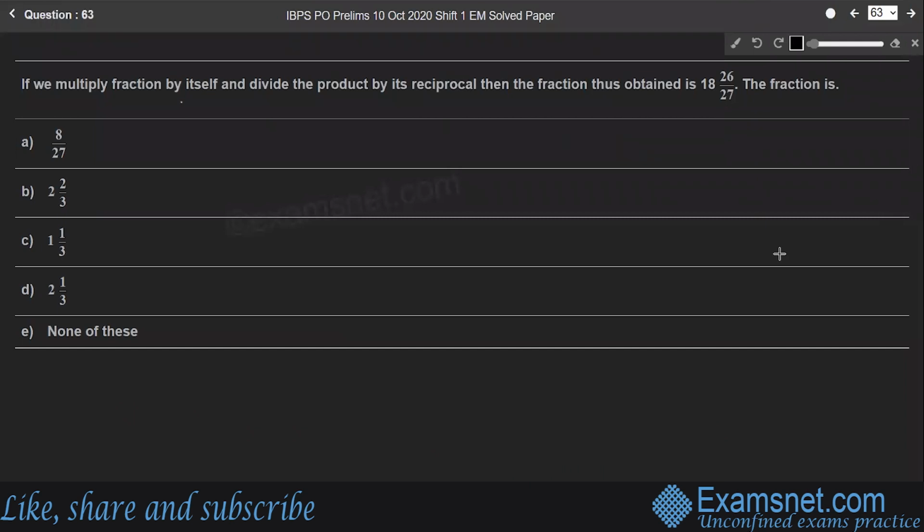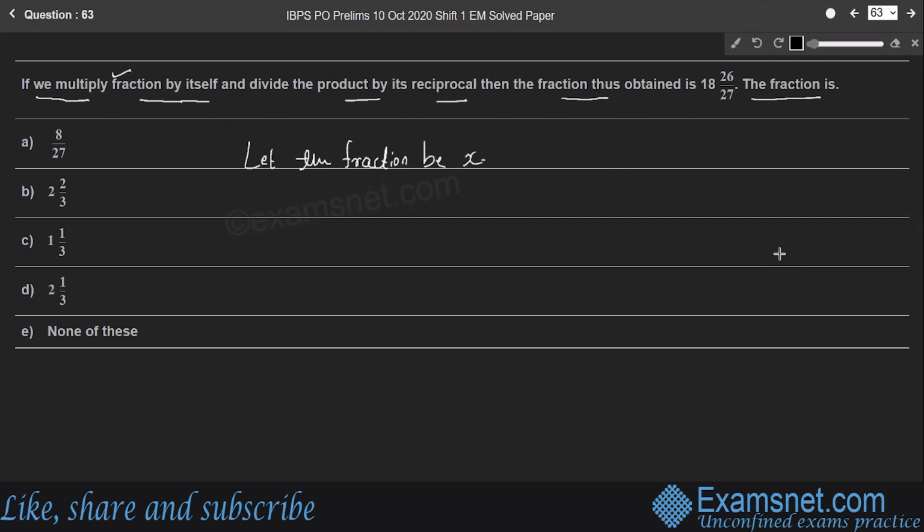Question 63. If we multiply a fraction by itself and divide the product by its reciprocal, then the fraction thus obtained is 18 26/27. The fraction is, so let the fraction be x.